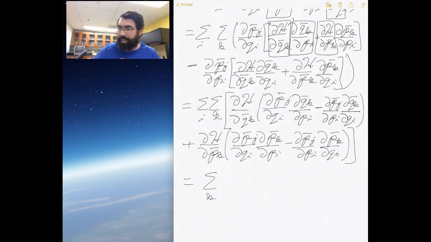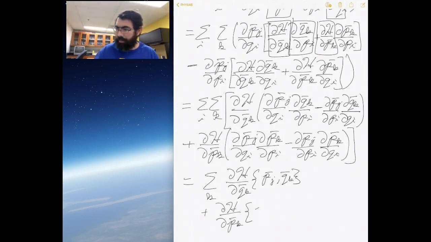So if we sum over i, we get the derivative of the Hamiltonian with respect to q bar sub k times the Poisson bracket of p bar j and q bar k, plus the derivative of the Hamiltonian with respect to momentum bar times the Poisson bracket of the momentum bar j and the momentum bar k.